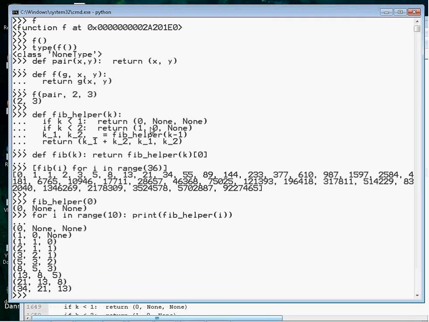Does that help at all? Ryan, do you follow what I'm doing here? Huh? Those are squares.